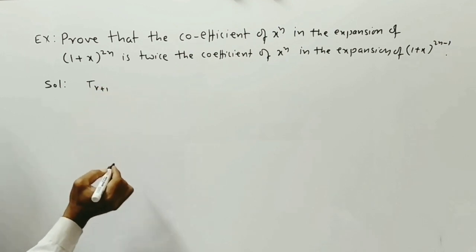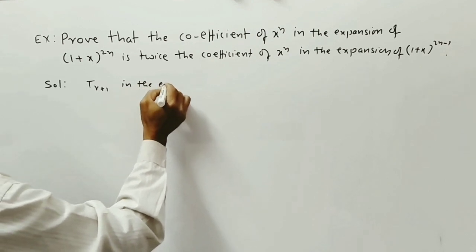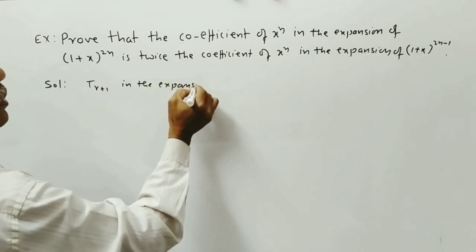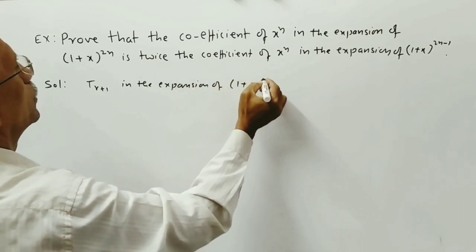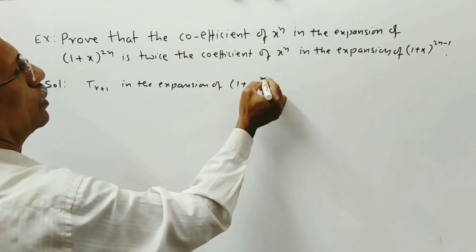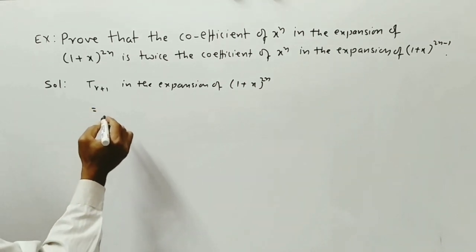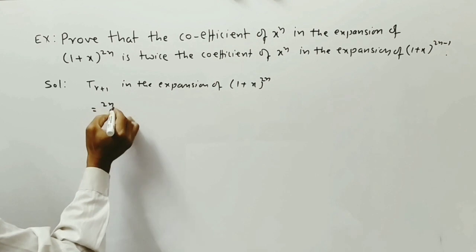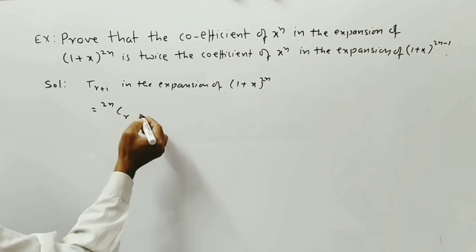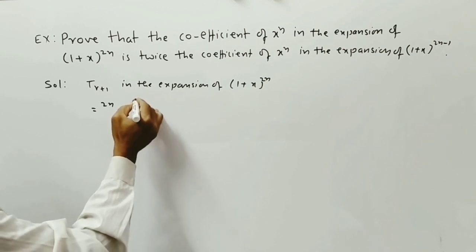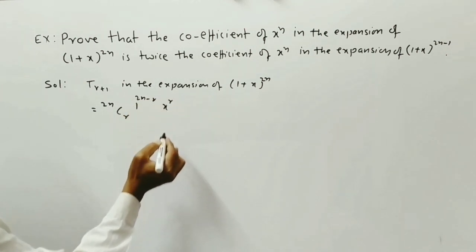T r plus 1 in the expansion of (1 plus x) whole raised to the power 2n is equal to 2n c r into 1 raised to the power 2n minus r into x raised to the power r.